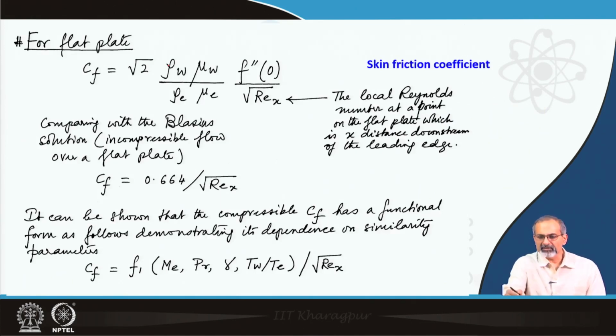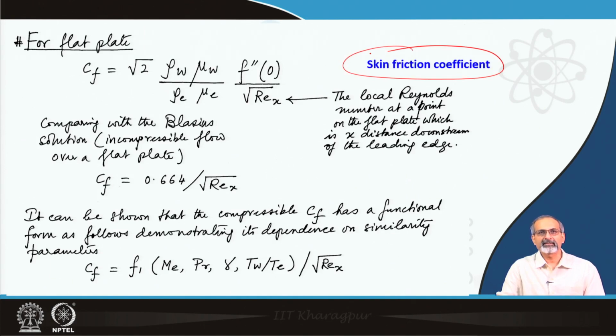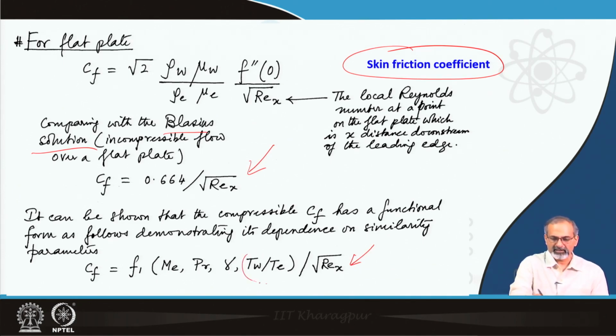We talked about the skin friction coefficient, how it comes out in the compressible case. This was the incompressible Blasius solution, and we said that the functional form for the skin friction coefficient for compressible case involves many other parameters, most importantly temperature ratio, Mach number, with E in the subscript representing the edge of the boundary layer.